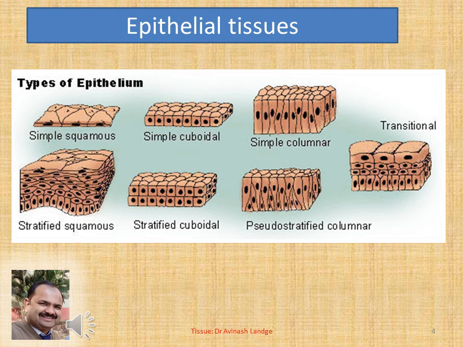So when the egg moves in the fallopian tube, who helps it and stops it from rolling back? These are ciliated epithelium, finger-like, hair-like projections, which push the egg cells towards the uterus. So these were the different types of epithelial tissues.